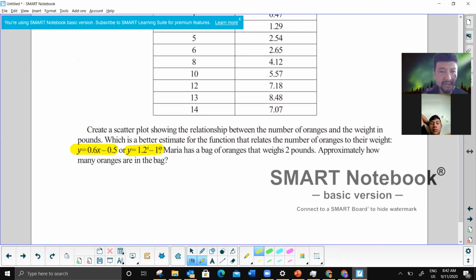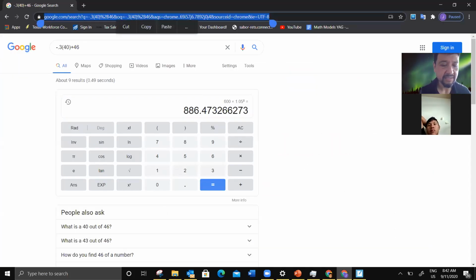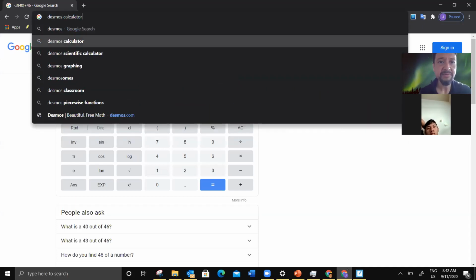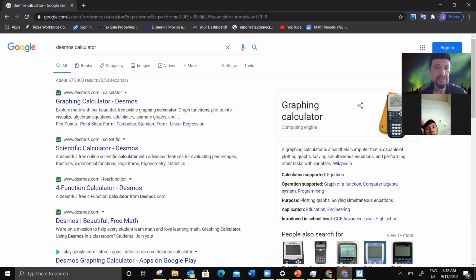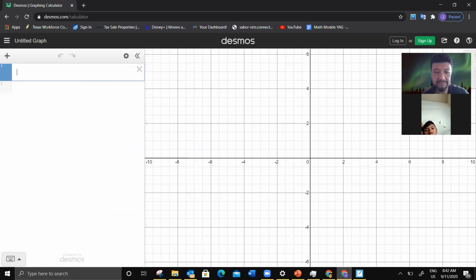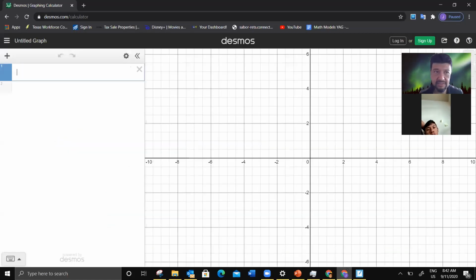Yes. And let's see if I could bring up something that's pretty neat and helpful. It's Desmos. It's a Desmos calculator. And some of you have had the experience in the past of using Desmos. It's a really cool calculator. I love Desmos just because it makes it so easy. And one of my equations was 0.6x minus 1.5, right?